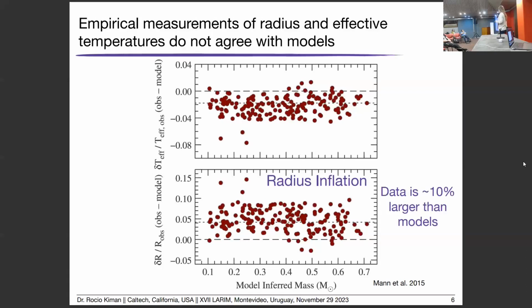This problem is called the radius inflation, and for some stars, we found a radius that is around 10% larger than what the model predicts for the same measured mass. One of the main culprits for this problem is magnetic activity, and that's what I've been studying. There are a lot of tests for eclipsing binaries showing a correlation between inflation and magnetic activity, but for single stars, it's not super clear.